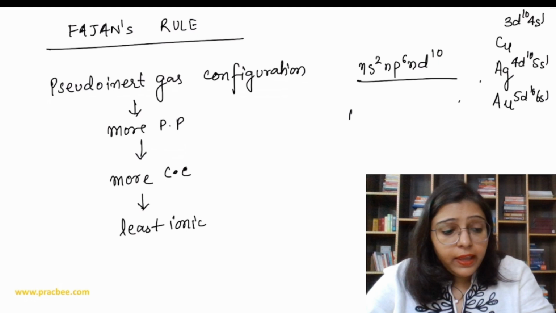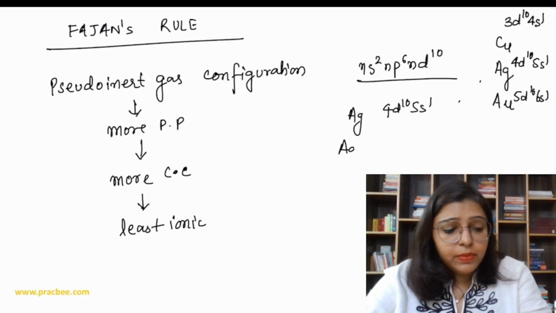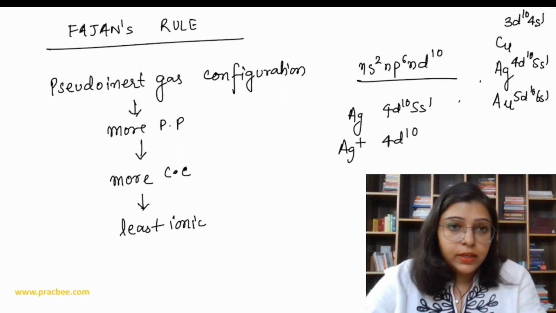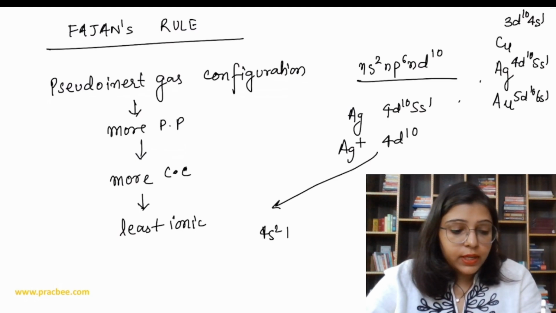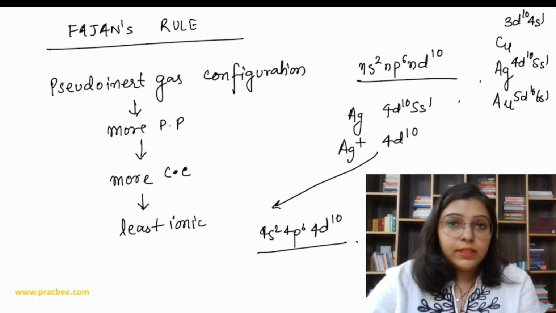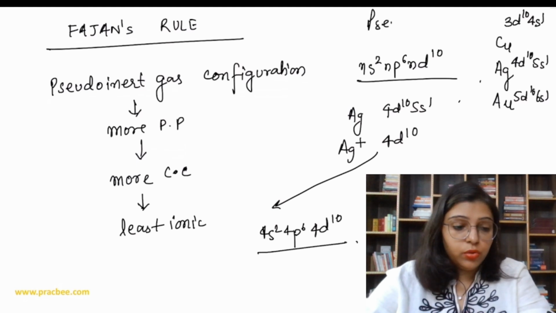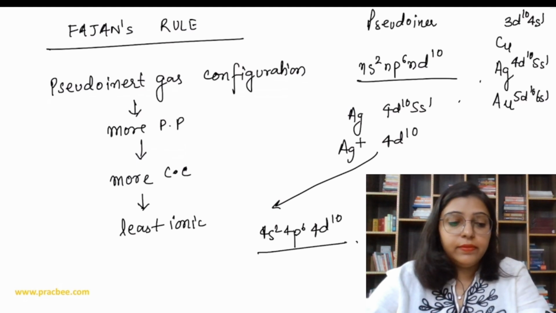If I write Ag plus, we have to remove the electron from 5s, so this is going to be 4d10. And before 4d, we have electrons in 4s2, 4p6 and 4d10. So Ag plus in AgCl has pseudo inert gas configuration.